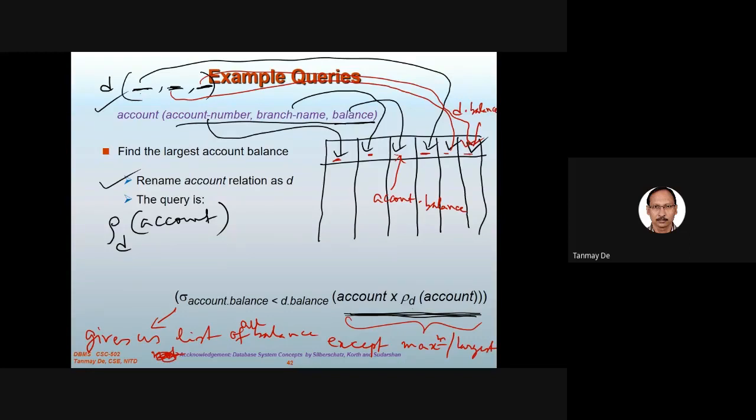Is it clear? Because by that comparison it eliminates the largest one. It consists of all the other balances.